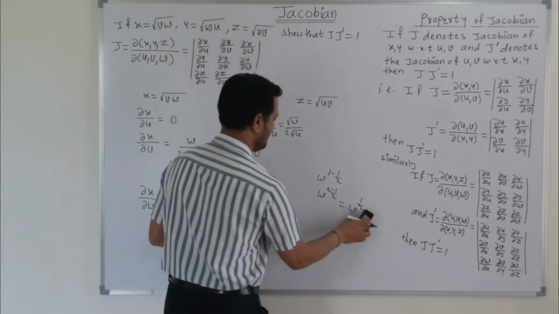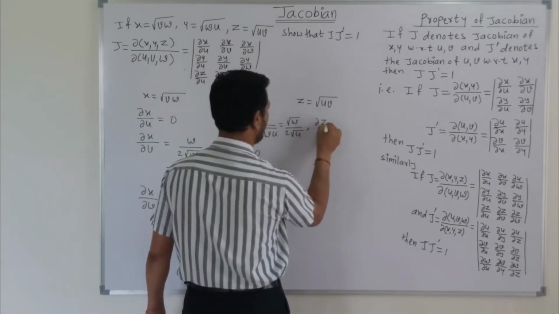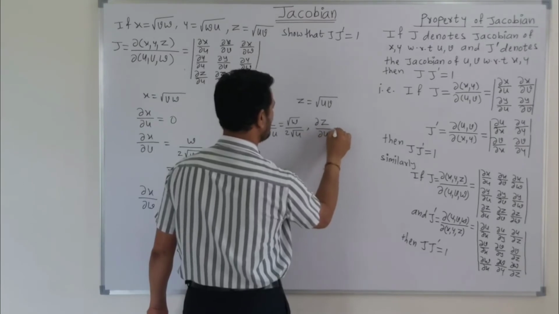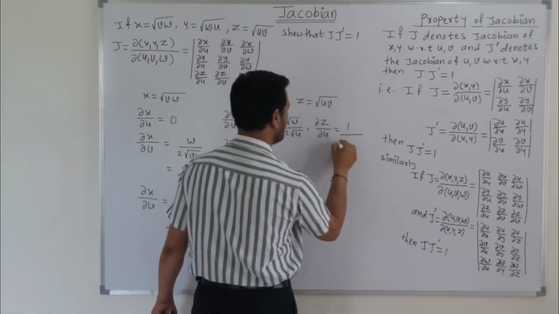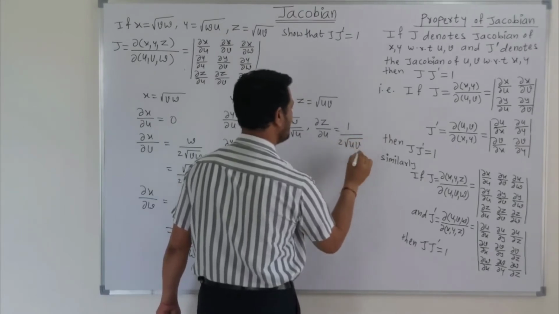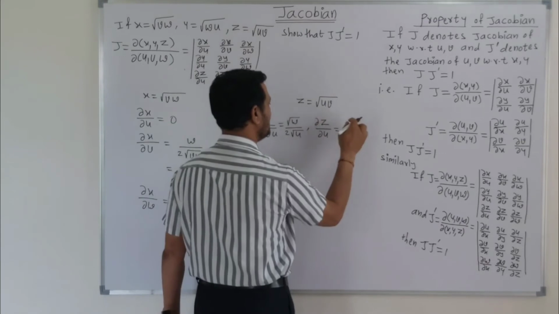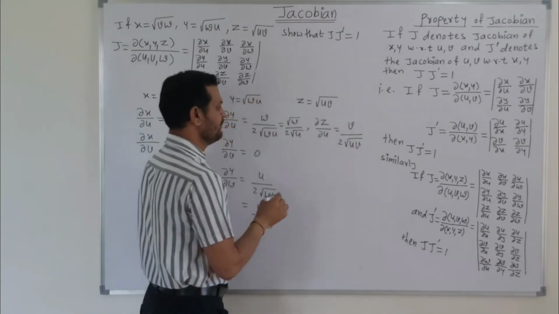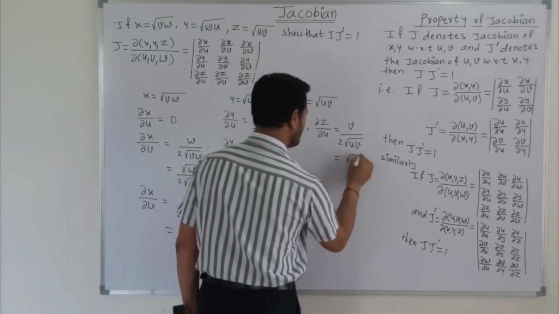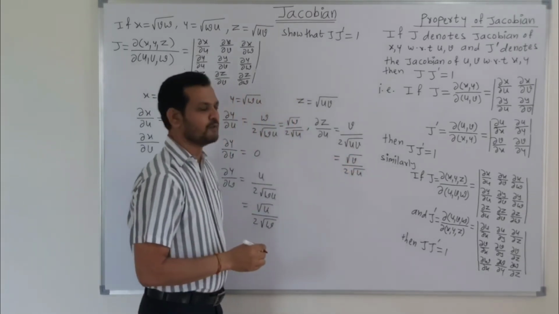Now once again try to simplify this term. Take the partial derivative of z with respect to u. If we take the derivative of z with respect to u, then this is 1 upon 2 root of uv, but this is other than u. The derivative of uv with respect to u is 1, v is constant. Then once again if we simplify this, we get v upon 2 root of u.